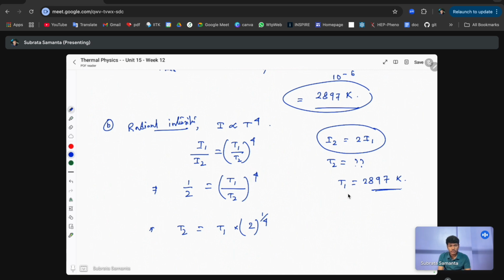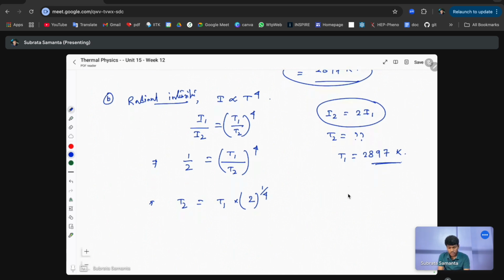And this 2 to the power 1 over 4 is greater than 1. So the value is basically 2897 times 2 to the power 1 over 4, so 3445 Kelvin. Please cross check this answer.